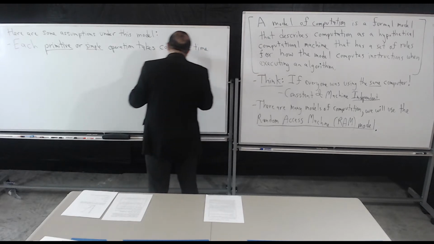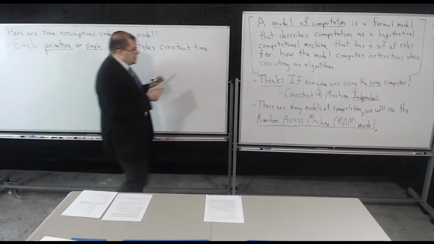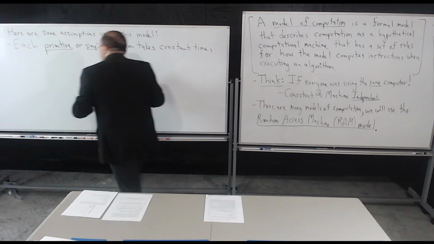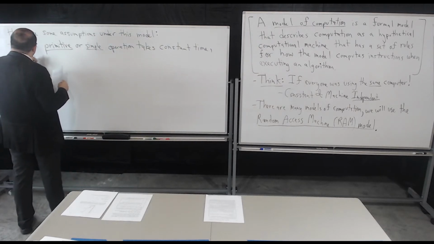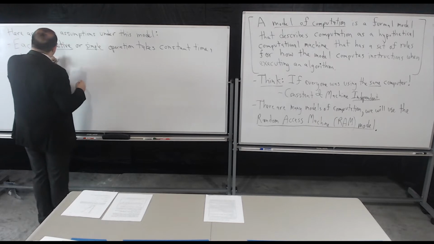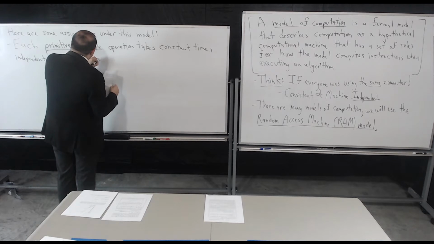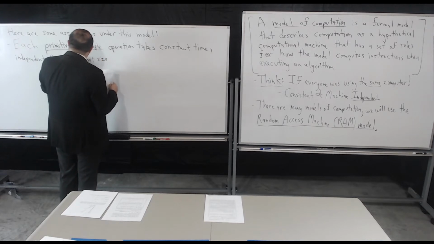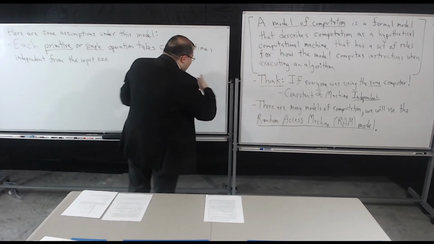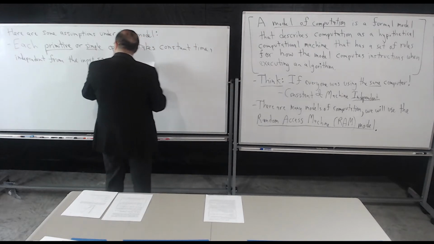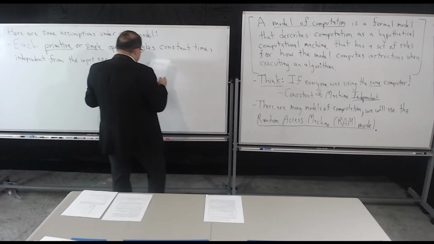When I say that, I mean that it's independent from the input size. Remember, we talked about input size. For example, remember, we talked about the sorting problem. The input size was n because I have n numbers. So constant, you think independent from the input size.